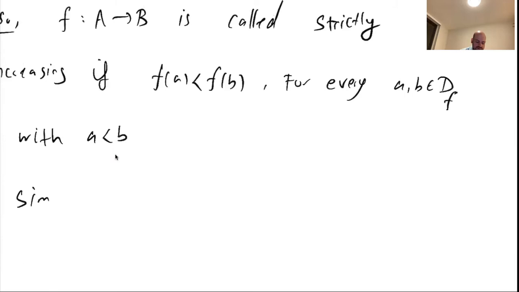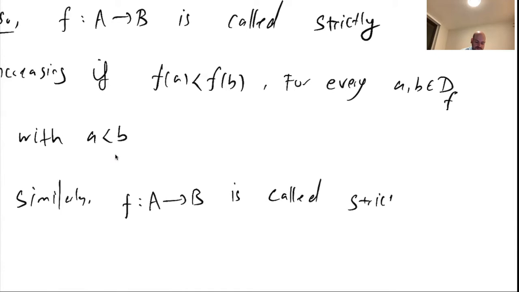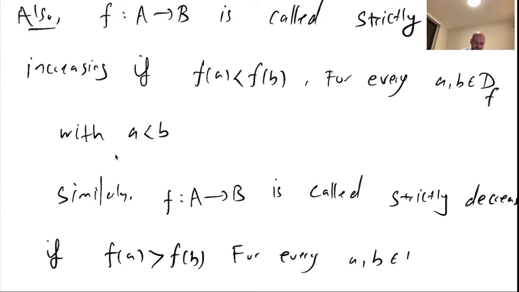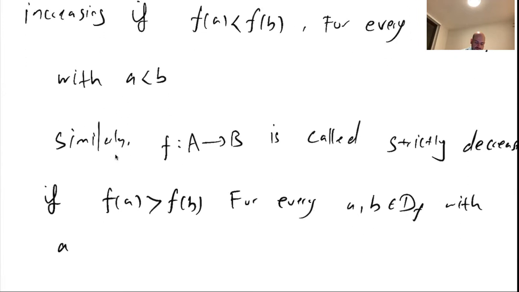And similarly, f from A to B is called strictly decreasing if f of a is bigger than f of b for every a and b in the domain of f with a less than b.